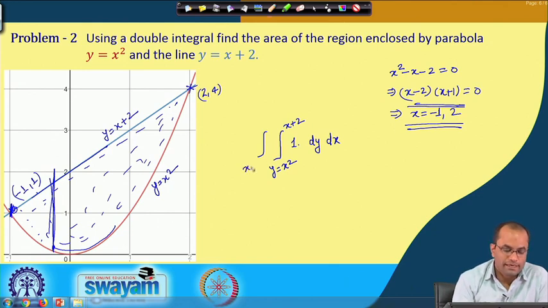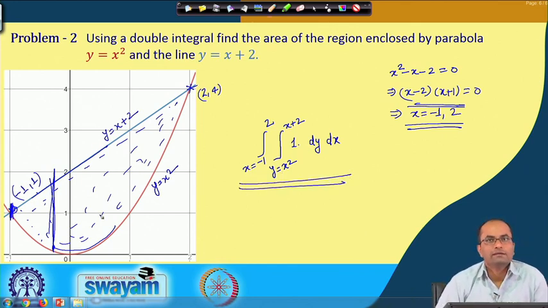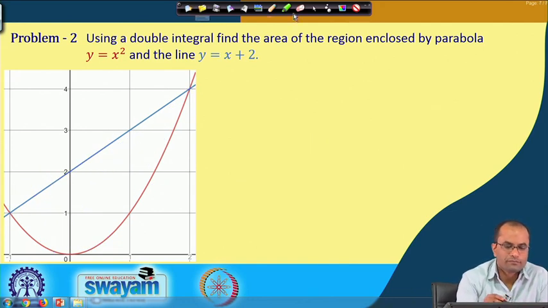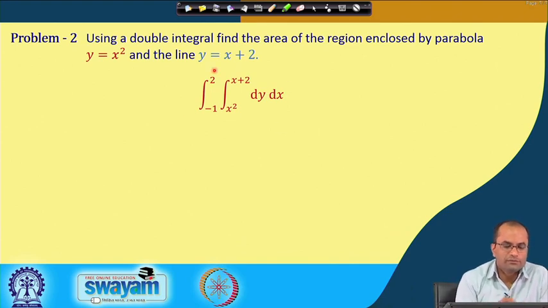And now, for the x, as discussed, we will take from minus 1 to 2, which we can easily integrate, and then we will get the area enclosed by these 2 curves. So, this is the integral which we want to evaluate now to get this area.